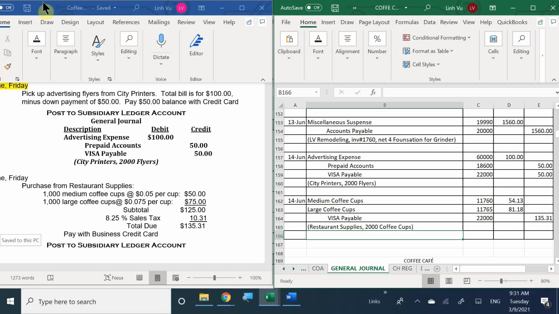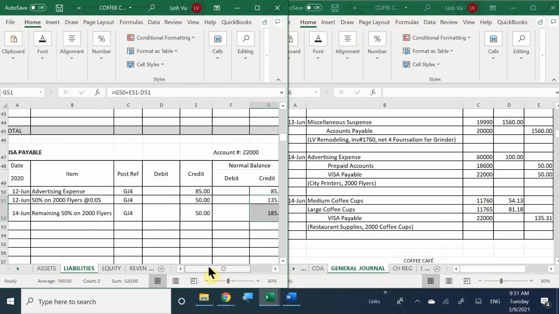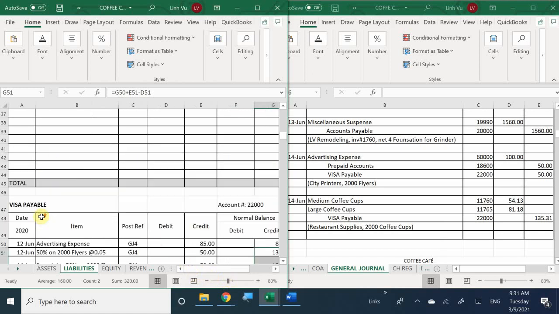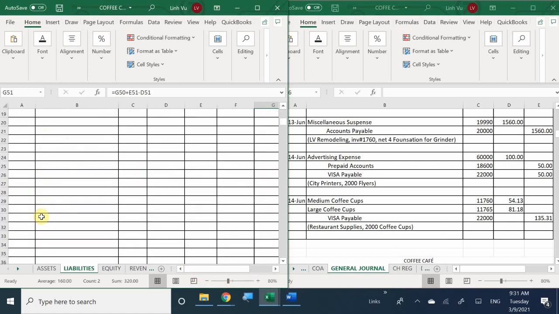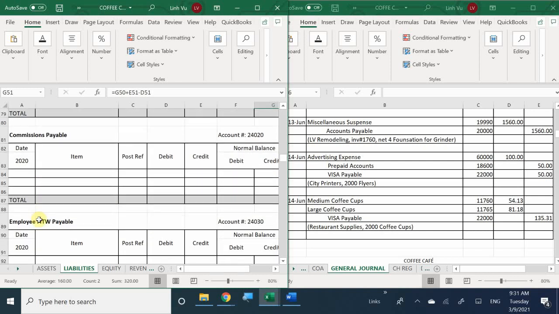So let's go ahead and place this in our ledger. So this time we're actually receiving our asset, which is a business supply. So let's see. Here we are, business supplies. I'm on the wrong one. Assets.